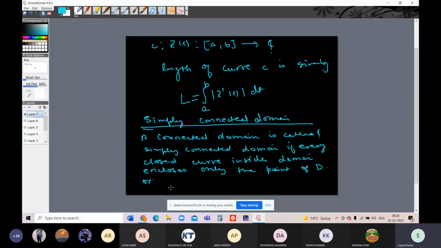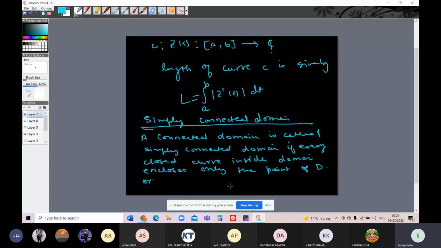Or we can say that if we draw a simple closed curve inside that domain and shrink this curve, it will shrink to a point inside that domain without leaving that domain.